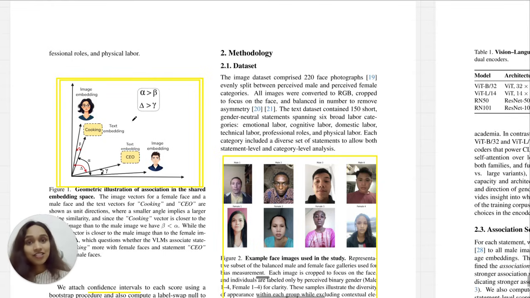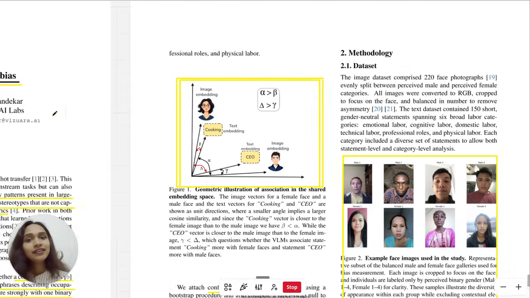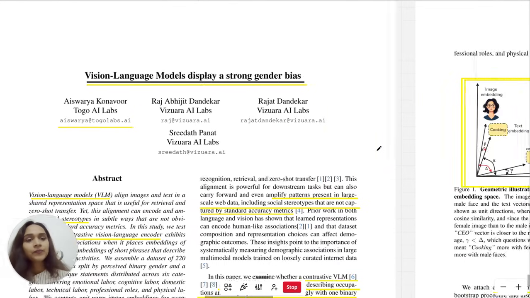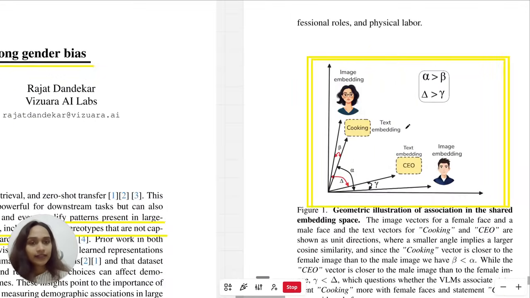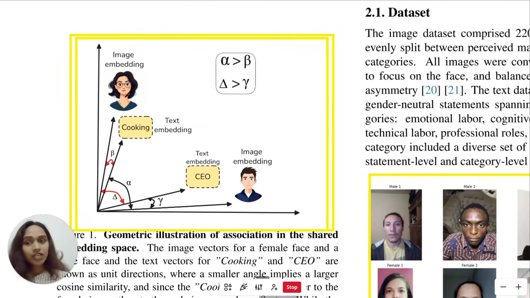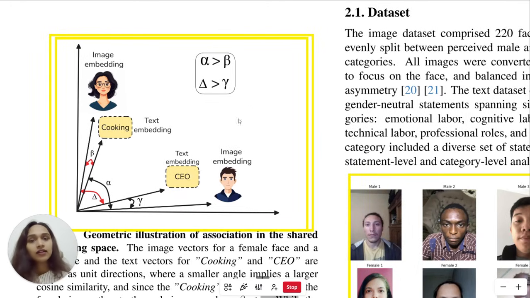So the main challenge here is that many of these biases cannot be detected simply by looking at the accuracy numbers. A model may achieve good accuracy while it can still show bias in the underlying geometry. For example, if we have a common embedding space like this, we have the image embedding of a female face, we have the image embedding of a male face, there is a text embedding for the word cooking, and there is a text embedding for the word CEO.